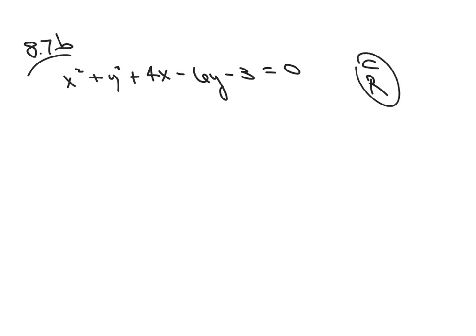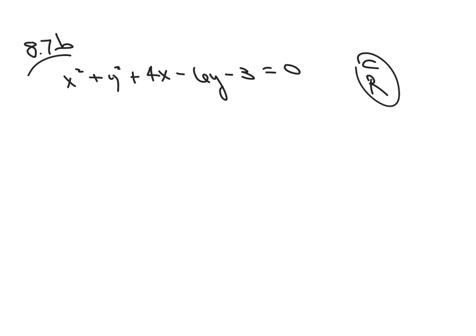So what we're going to do is take our equation and make that in standard form, and it's also asking us to locate its center and the radius. So we're going to look for both the center and the radius as well.